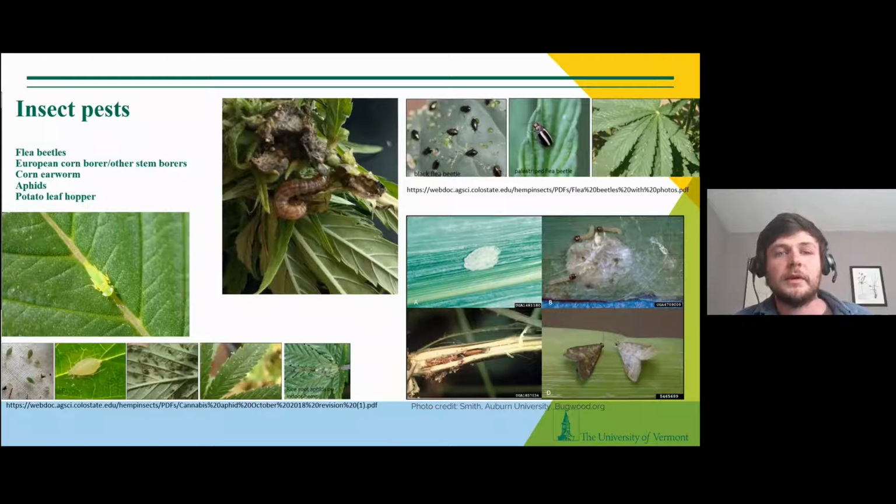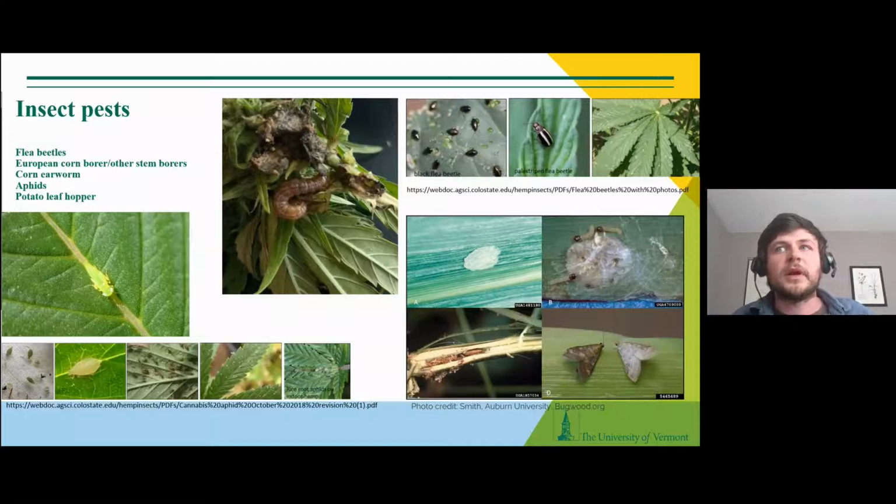And as a whole, at least from what I've seen within our trials, a lot of these don't seem to have too much of an impact on the end crop or end product. We see a lot of skeletonization and general leaf feeding as a result of the flea beetles.